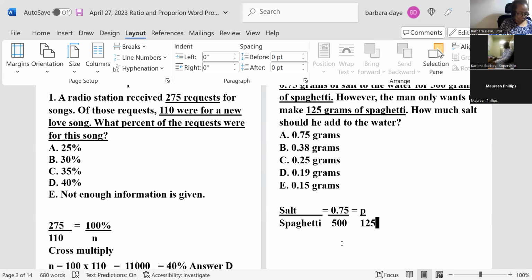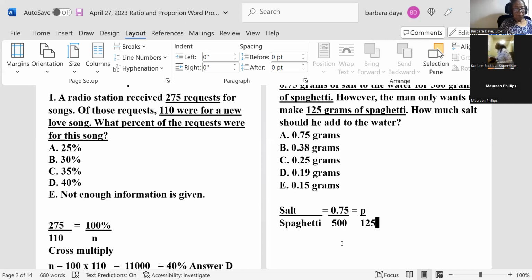And then what do you do with that figure? 0.75 multiplied by 125 is 93.75. Then what do you do with that figure?